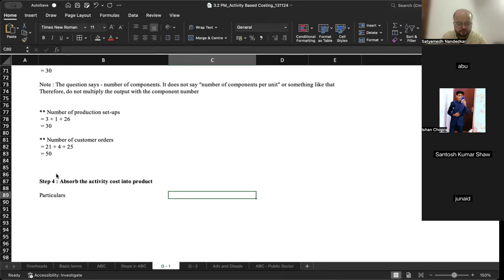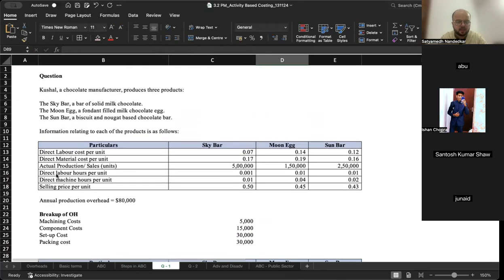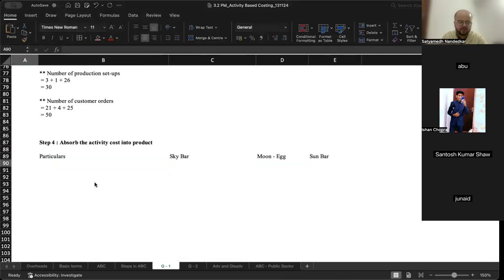Particulars, sky bar, moon, egg, and sun bar. And now you have to do it for each individual product. You have to calculate the overhead cost to be absorbed. Okay. So let's do that.